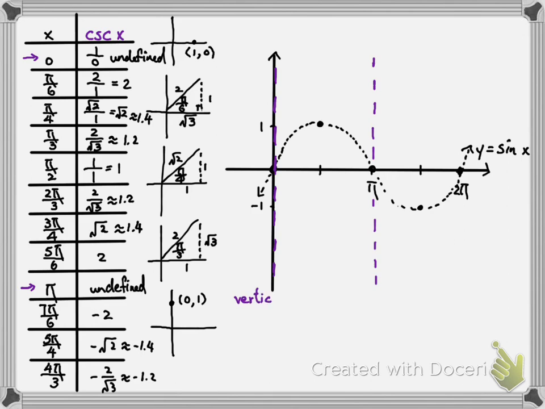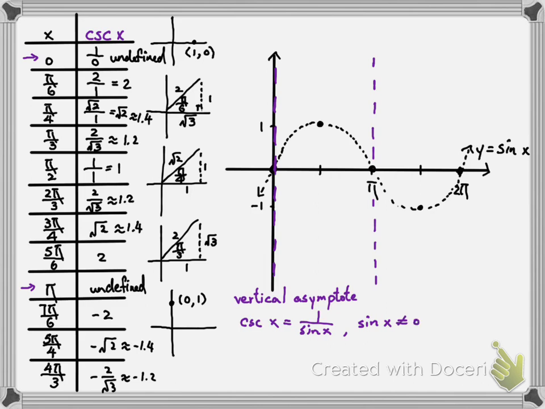What is the reason that we have the vertical asymptotes at those points? We see that at those points, sine of x equals 0. Since cosecant of x equals 1 over sine of x, then sine of x cannot equal 0.